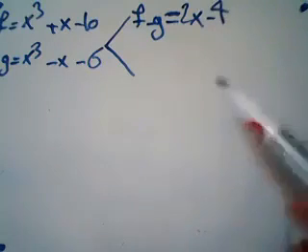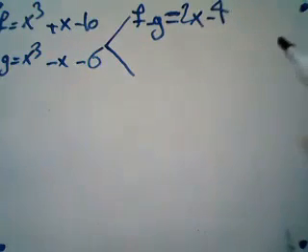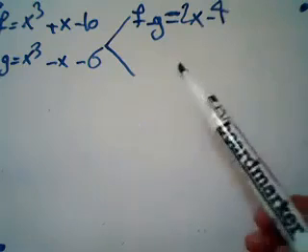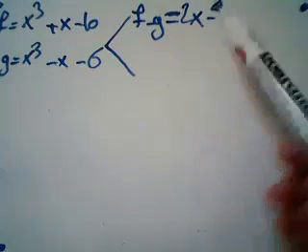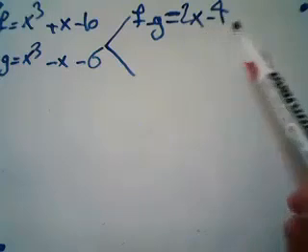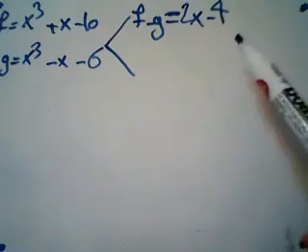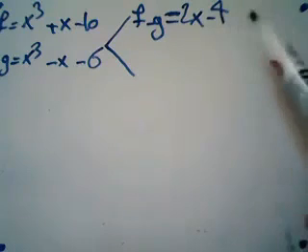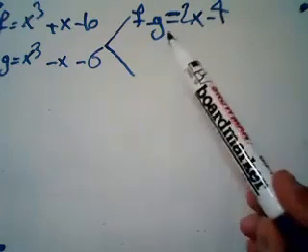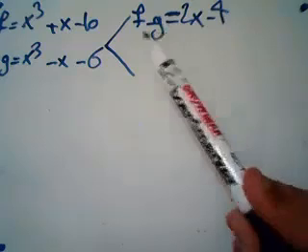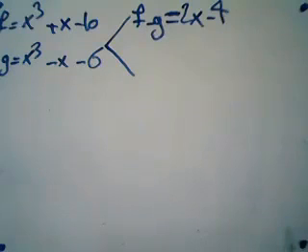So this 2x minus 4 should contain the possible common divisor of f and g.